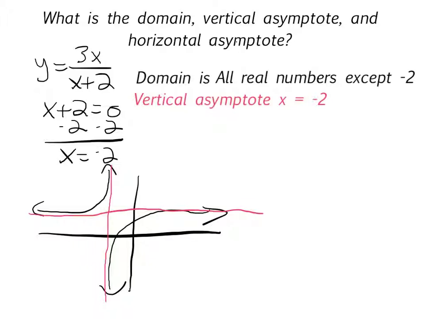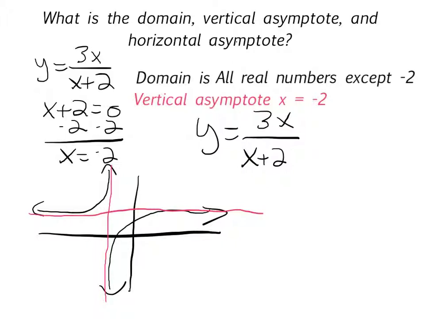And the way that we'll determine this one is again using this original equation. So our original equation on this one is y equals 3x over x plus 2. Okay, since both of these have an x on top and bottom, we take the coefficients of these two, this 3 and this 1.